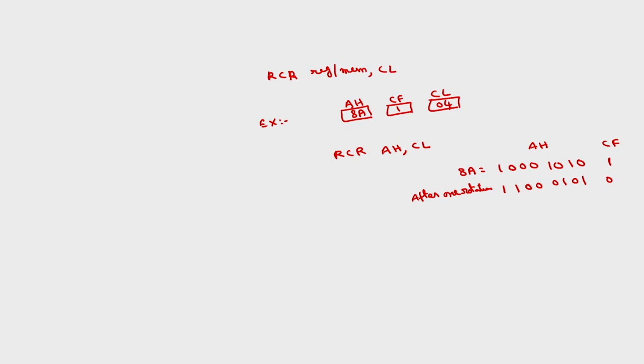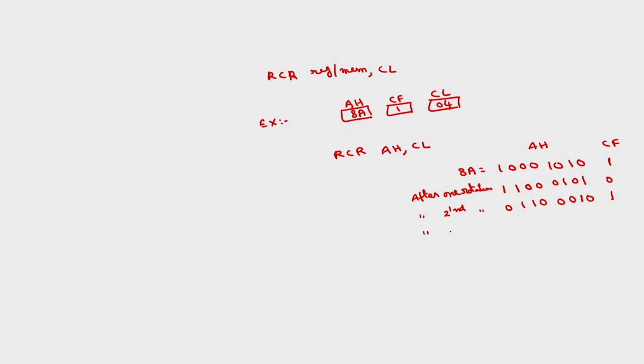This is after one rotation. After second rotation, again this carry flag will come here, 0110 0010, and all bits will be shifted, this carry becomes 1, this 1 will be shifted to here.